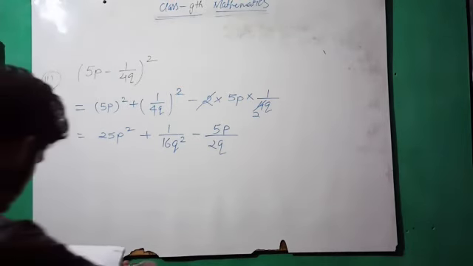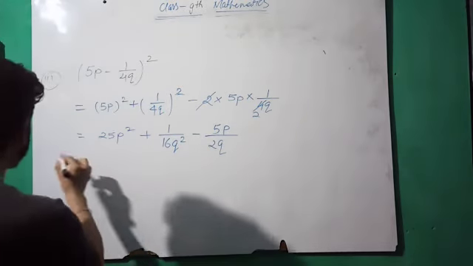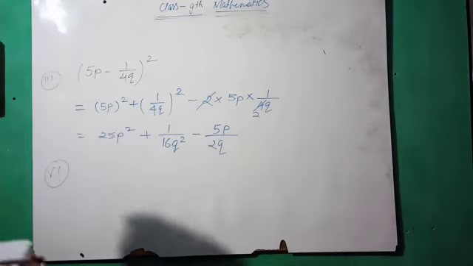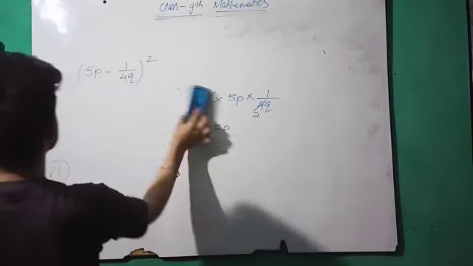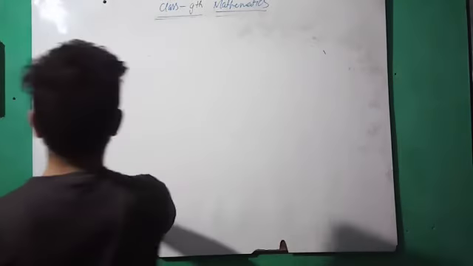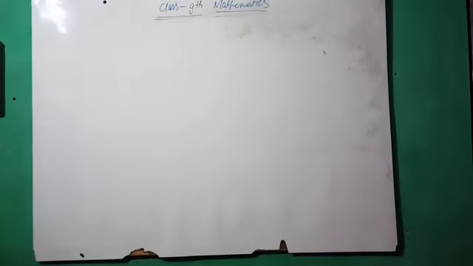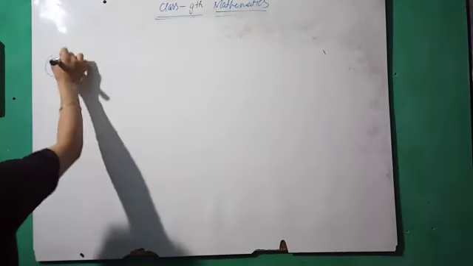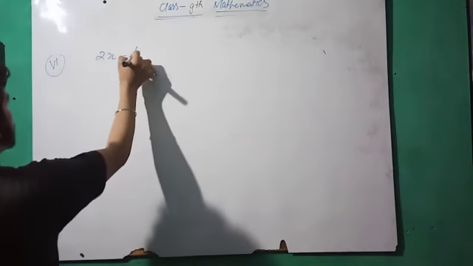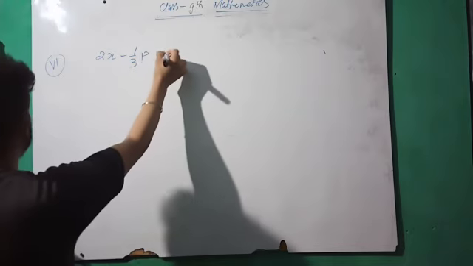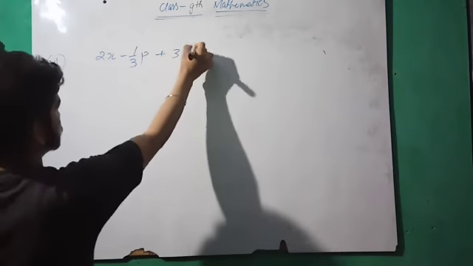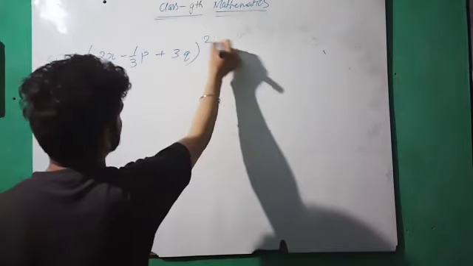Okay, move to the next part, that is the sixth part. Sixth part: (2x minus 1 by 3 p plus 3q) whole square.